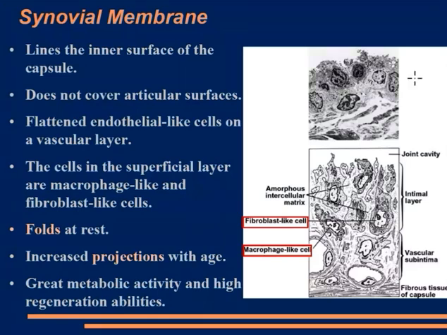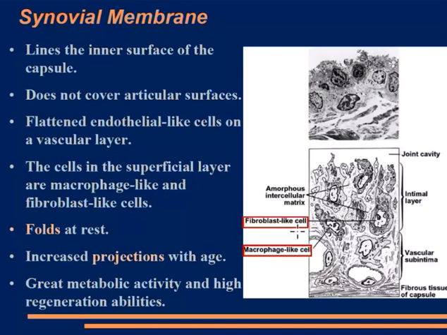The synovial membrane consists, histologically, of a layer of flattened endothelial-like cells, which are resting on a vascular layer. And these cells have two types: macrophage-like cells and fibroblast-like cells.